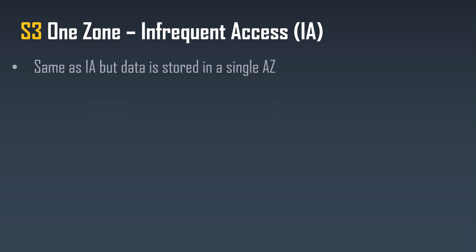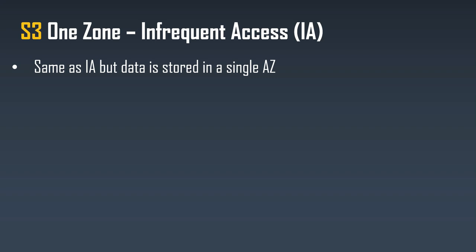Now we have S3 One Zone IA, or infrequent access, and this is the same as IA, but now the data is stored in a single availability zone. Before, it was stored in multiple availability zones, which made sure the data was still available in case an AZ went down.